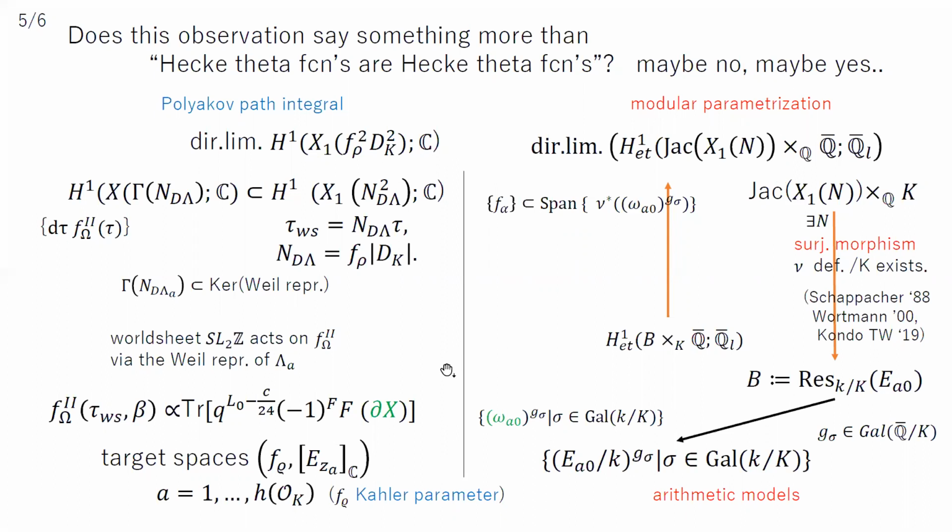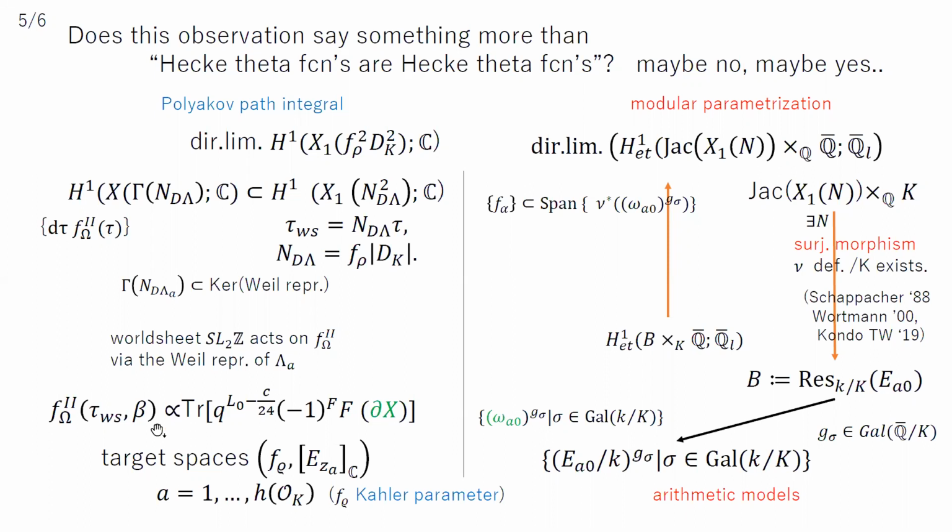Now let me go back to the class of observables available in string theory. That was the expression that we proposed. And here, this is still the one form of the target space pulled back to the genus one worldsheet, although it has to be projected to the left mover, but that's still the one form of the target space originally.